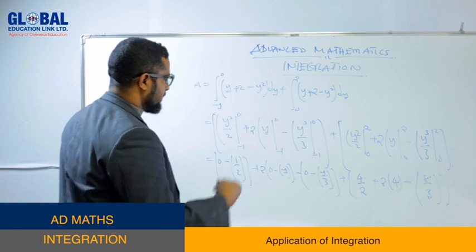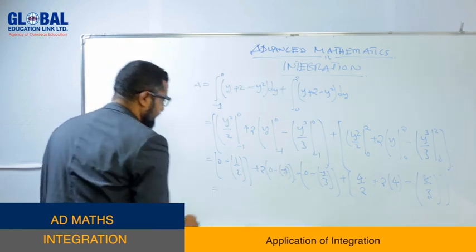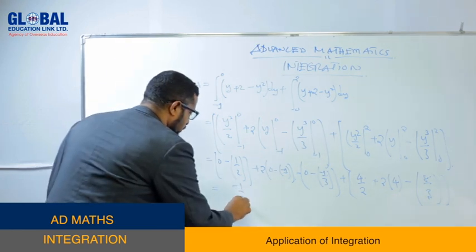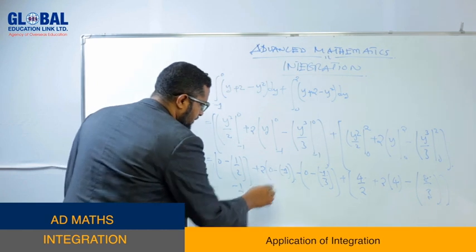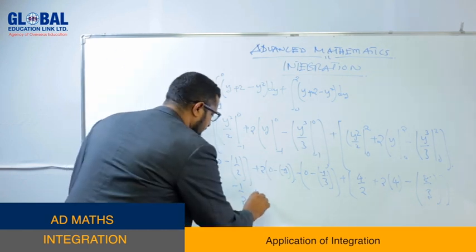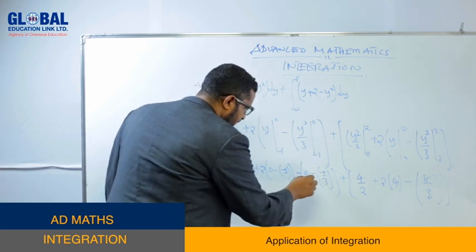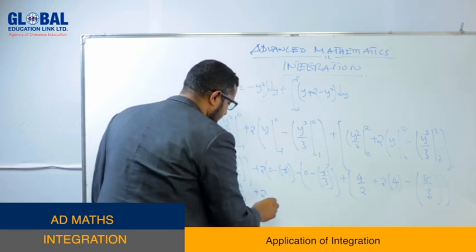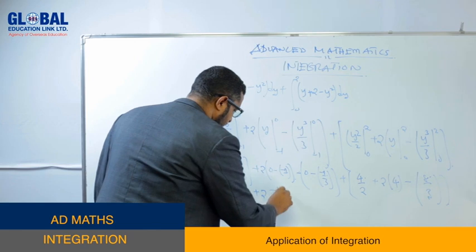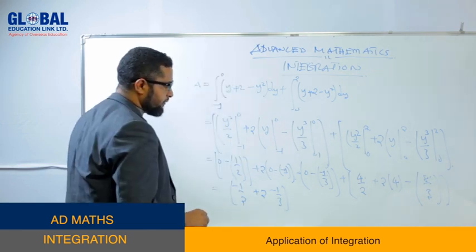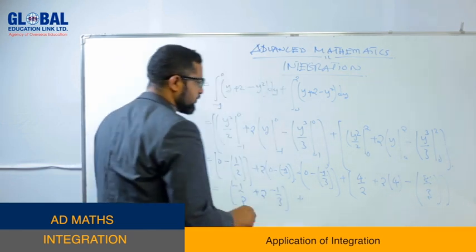Then to that point, keep on simplifying. This one will be equal to negative 1 over 2. This one becomes positive, then plus 2. Again, this one is positive, but this one is negative, so it's negative 1 over 3. We are going to plus.